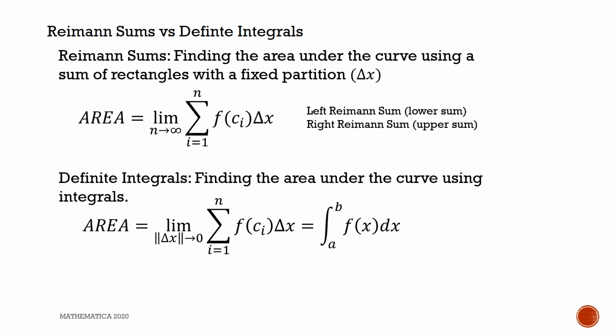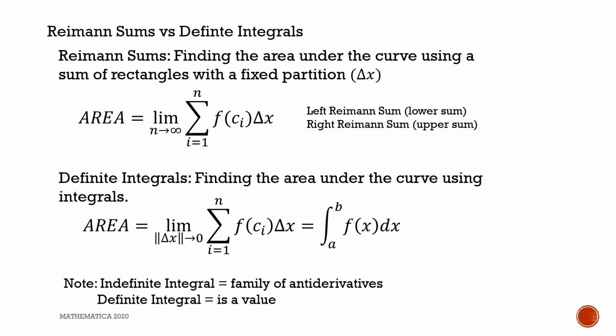And all of this can be replaced with the definite integral, f of x dx, as it goes from a to b. So a is my lower limit and b is my upper limit. So using this formula now, we're able to find the area underneath the curve much quicker than the limit process that we did before.